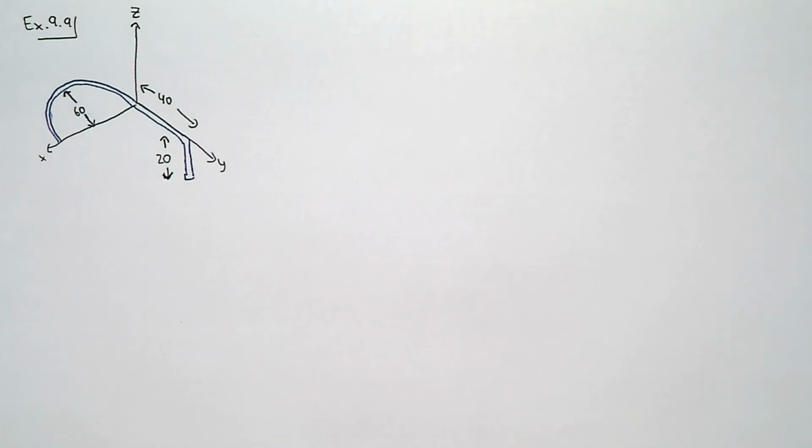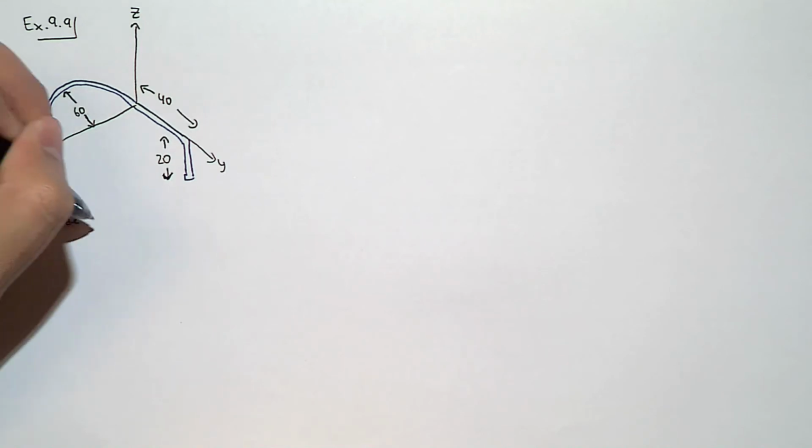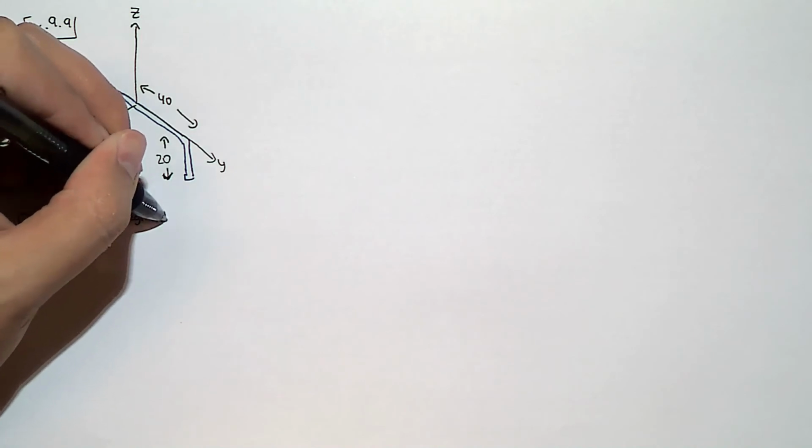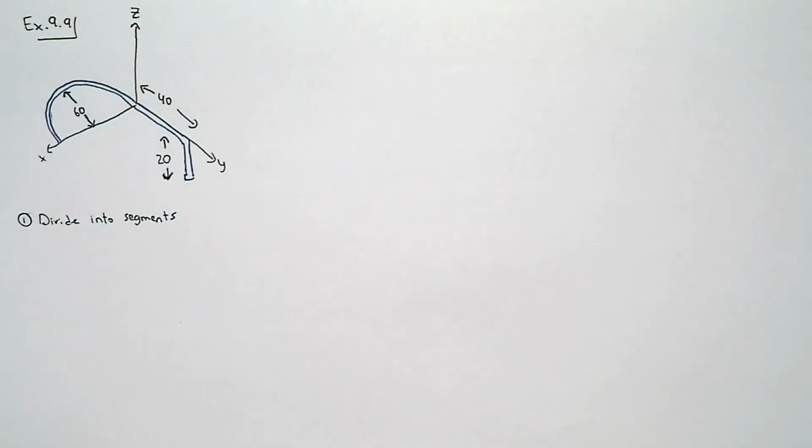Can we treat this as a composite element? Yeah. Okay. So if it's a composite element, let's start by dividing our body into segments. How many segments do you think you can identify here?